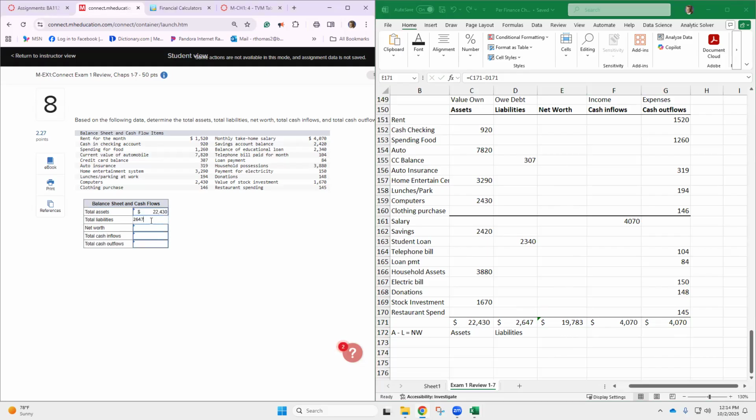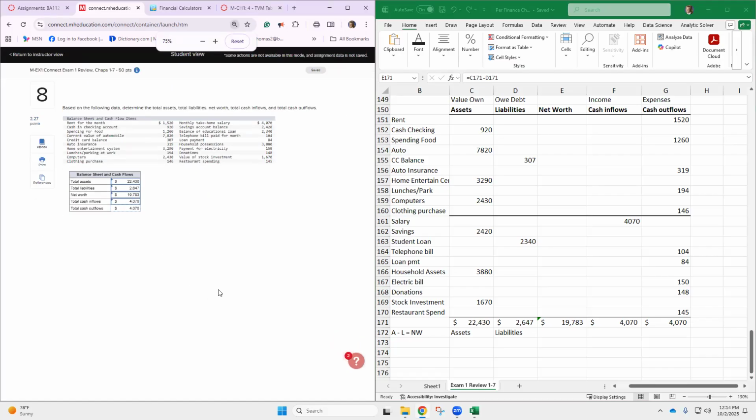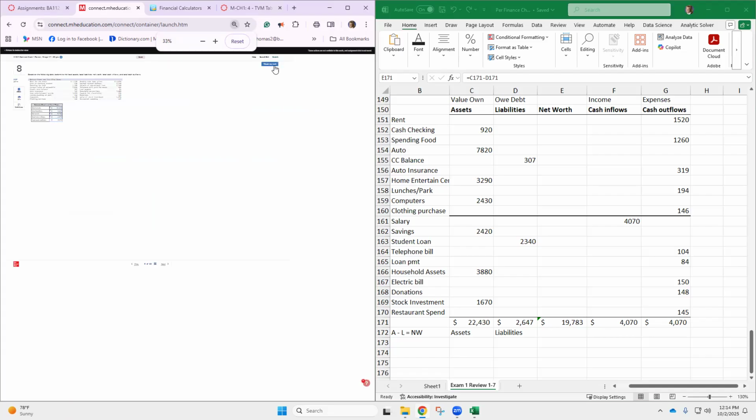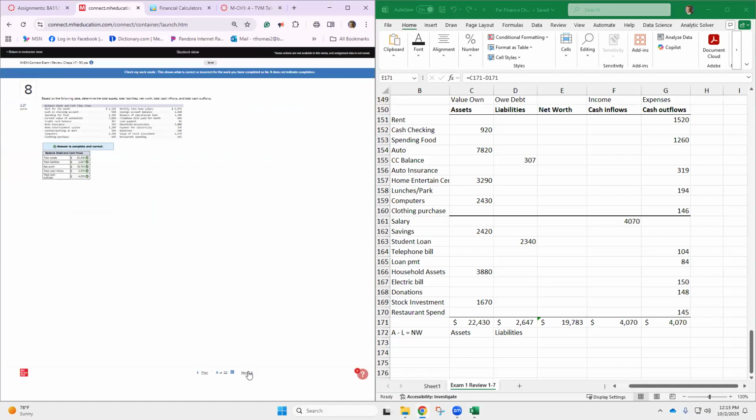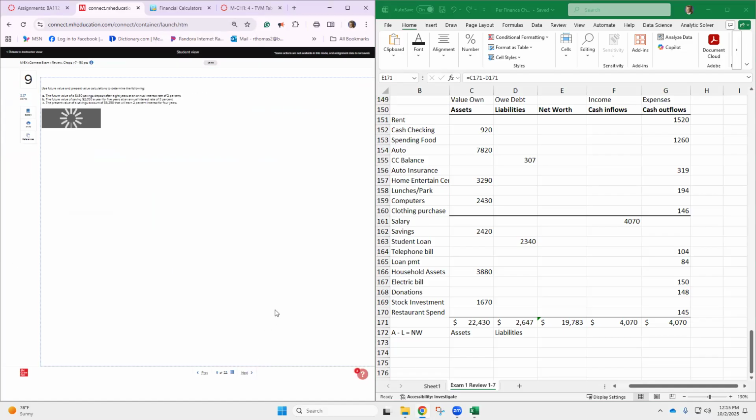Okay, my liabilities, my net worth, my cash inflow, cash outflow. Give it a shot. See if I missed anything. Nope, don't think so. All right, 3 more and we'll call it good for today.